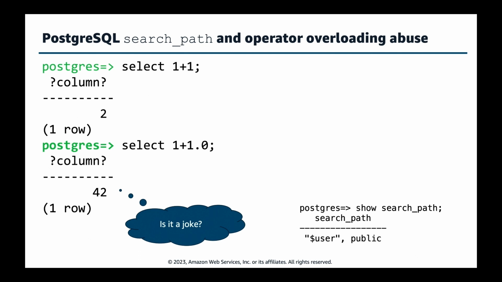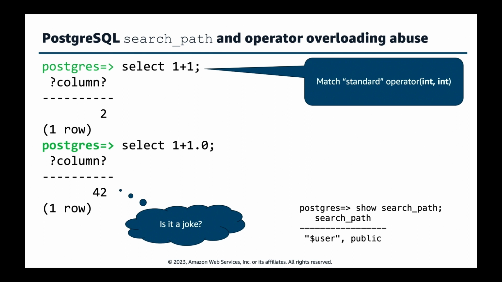Can anyone guess why? Is it kind of a joke? We know that we have overloaded the operator. But why did it work one way with 1 plus 1, and differently with 1 plus 1.0? Any guesses? Yes. Exactly, the second parameter is float.